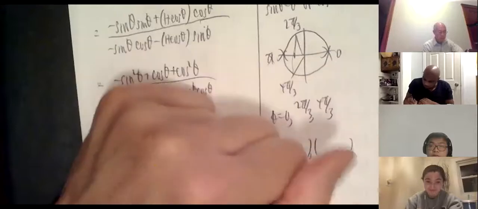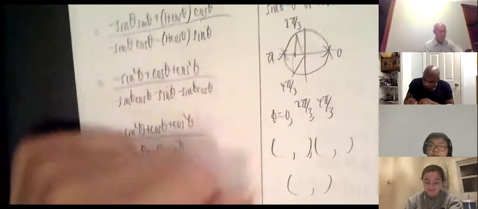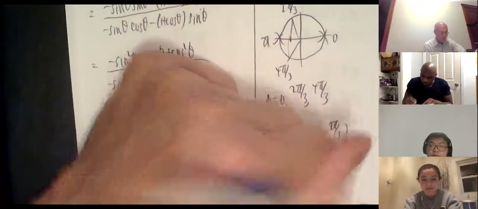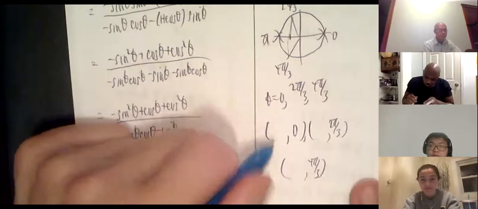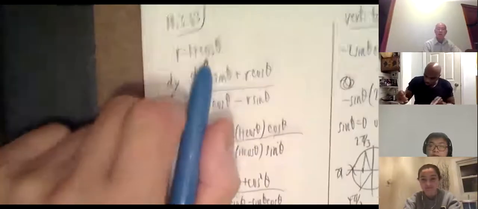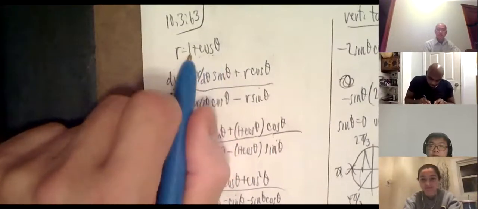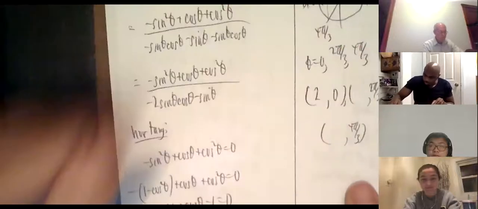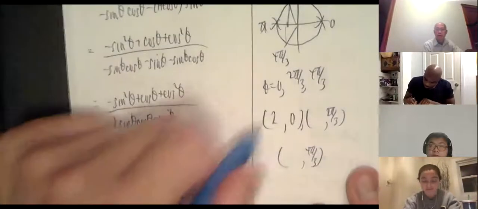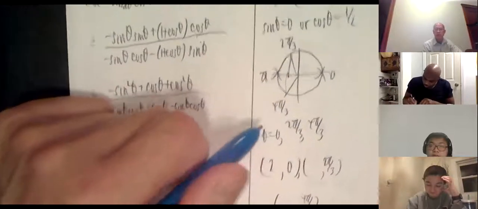Write them as points: 0, 2 pi over 3, 4 pi over 3. Okay. Plug in 0. Cosine of 0 is 1. 1 plus 1 is 2. 2 pi over 3 and 4 pi over 3, we already know cosine is negative 1/2.